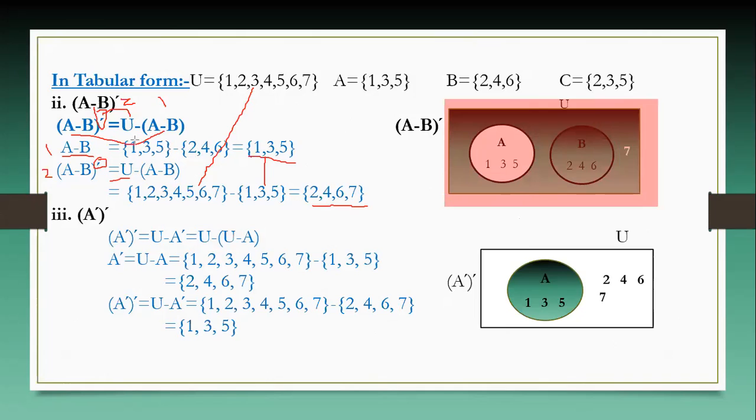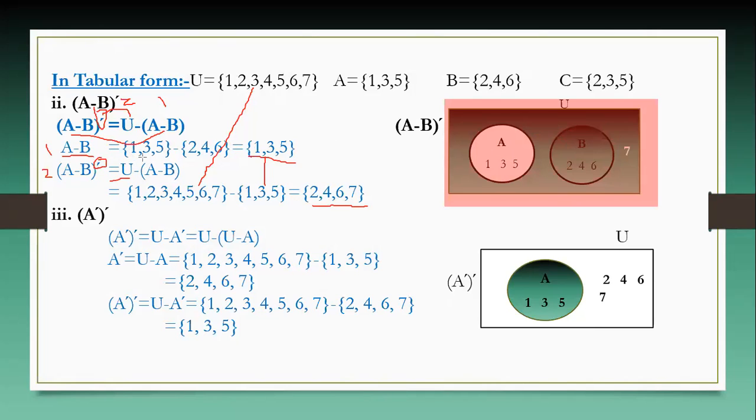All the elements are different. That means they are disjoint sets. So draw one circle like this and the second circle like this. Clear? If the elements are, for example, overlapping, then I can draw the circles like this. Clear?